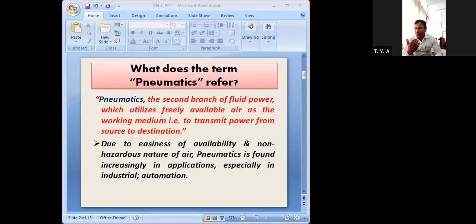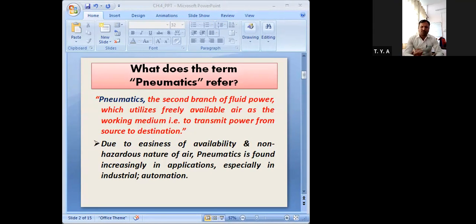However, almost all pneumatic systems prefer the use of air. In general you can call it gas, but whatever pneumatic systems are available use air rather than some other gas as the fluid medium.